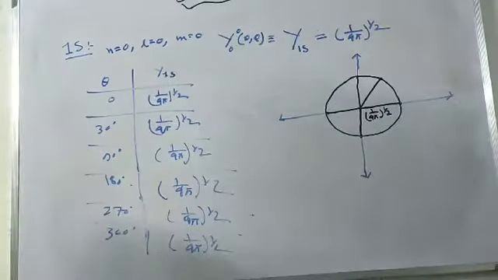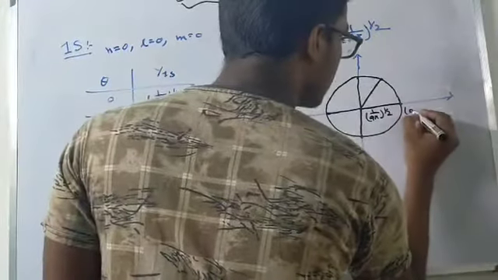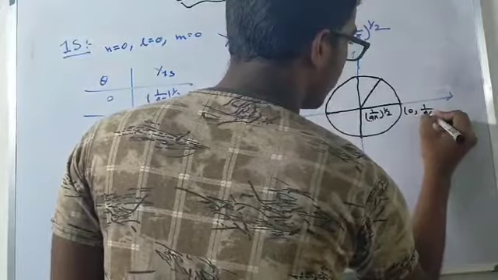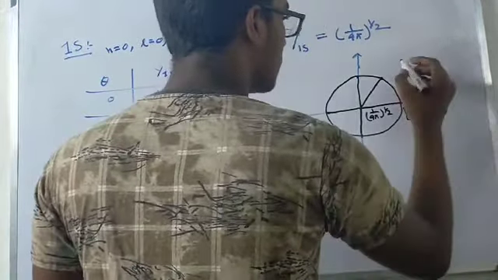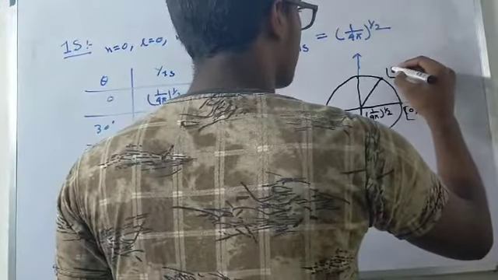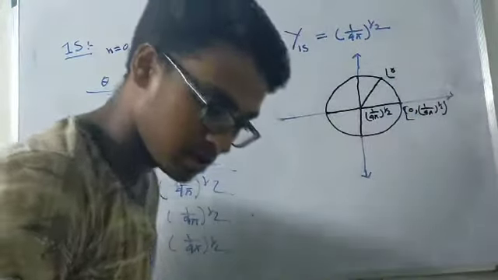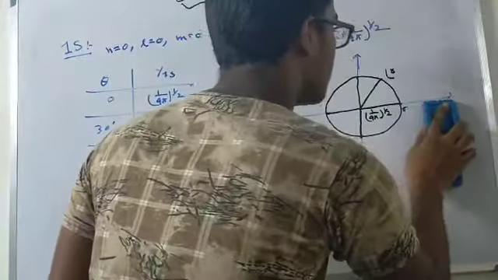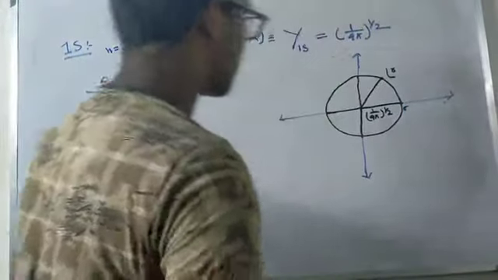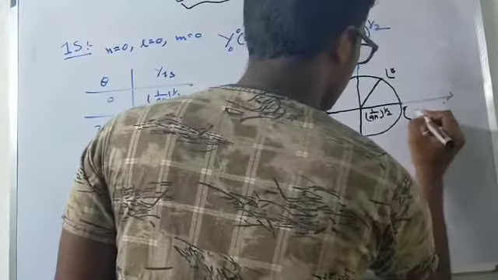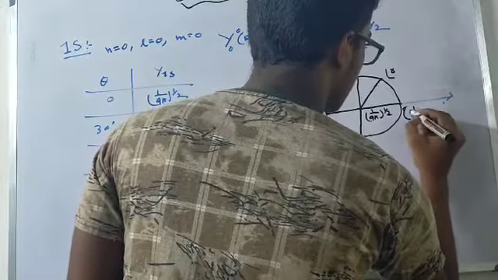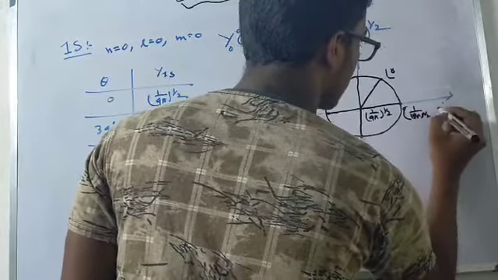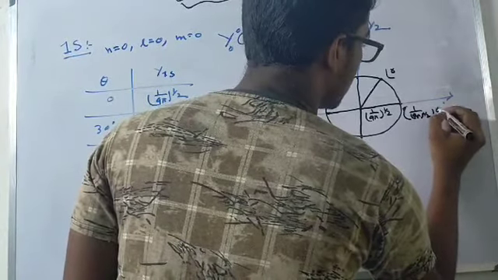this point is 0 comma 1 by 4 pi to the power half. This is the wrong representation. At first I have to specify the distance. So this is 1 by 4 pi to the power half comma 0 degree.